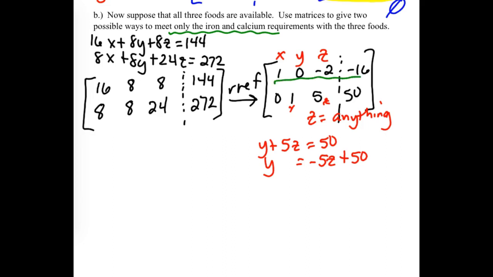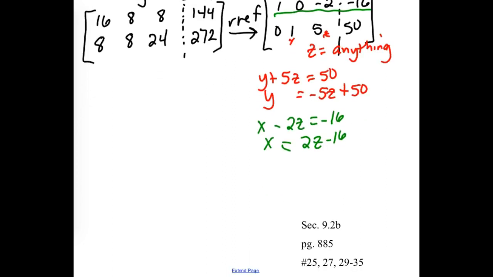And my top row here tells me that x minus 2z equals negative 16. Or again, solving for x, we'd have 2z minus 16. So our solution is 2z minus 16, negative 5z plus 50, and z can be anything.